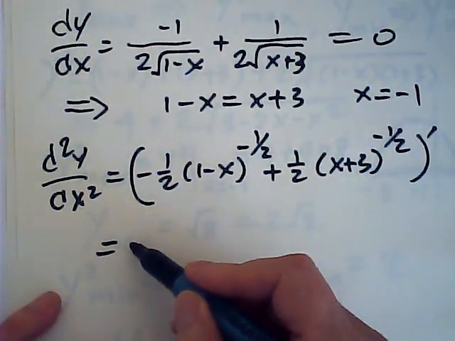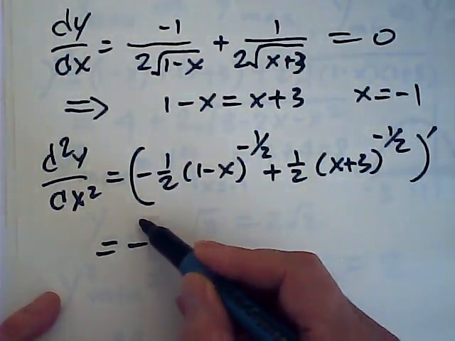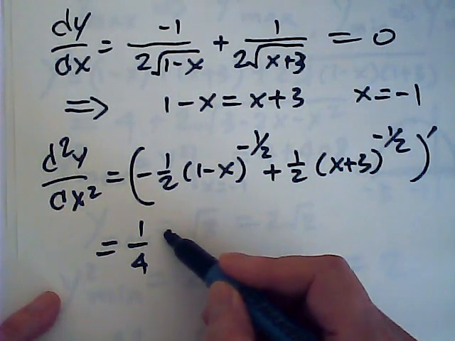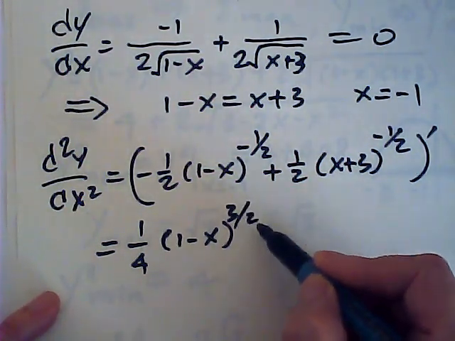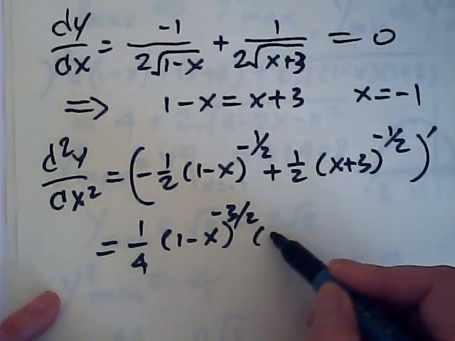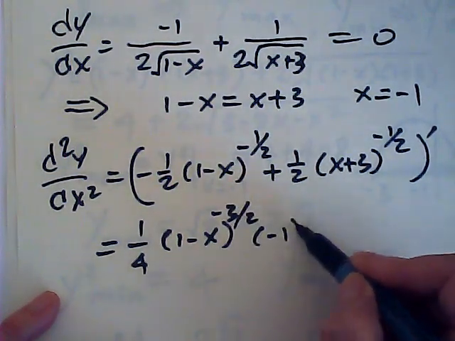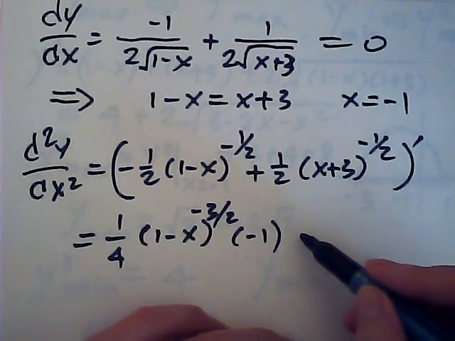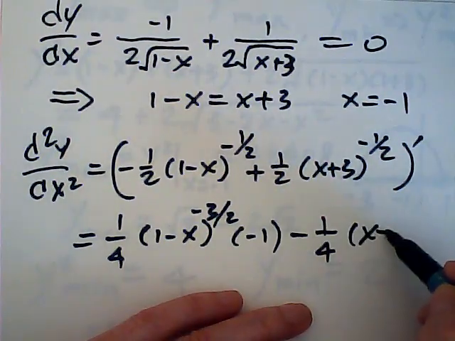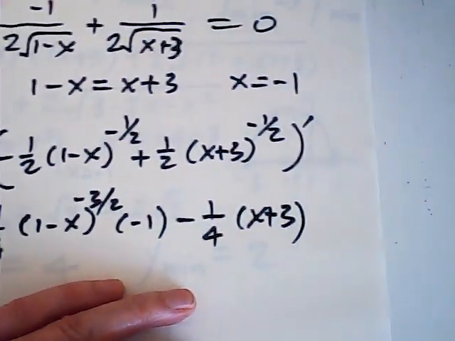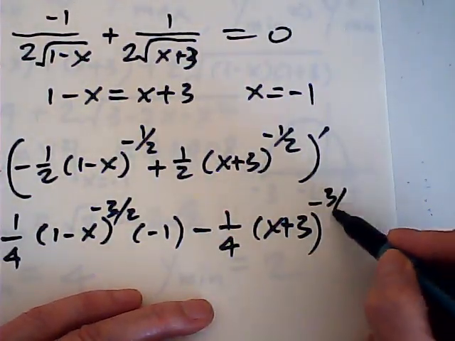So this derivative will be 1/4 times minus negative times negative 1 minus 1/4 x plus 3 to the negative 3/4.